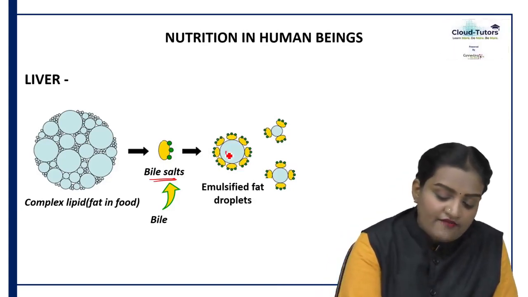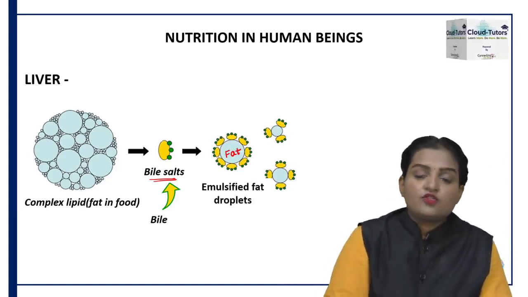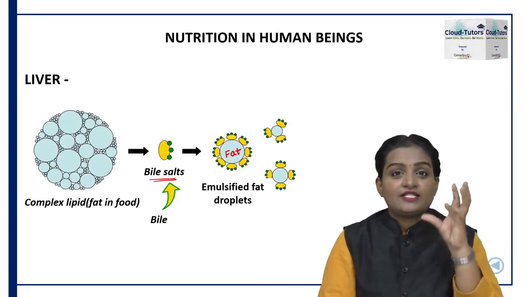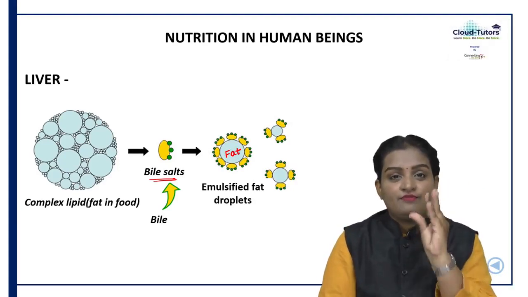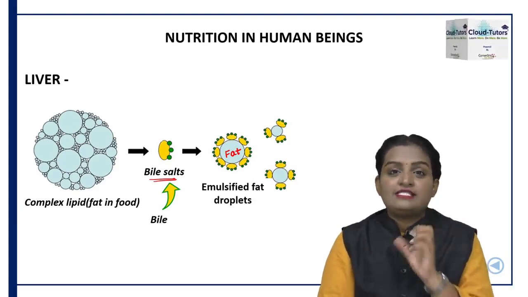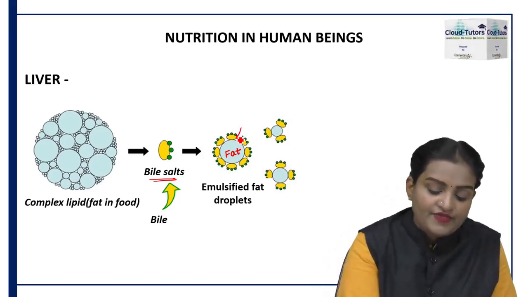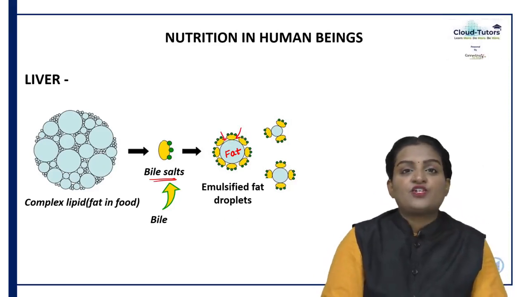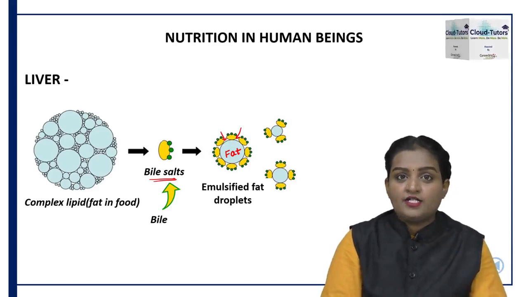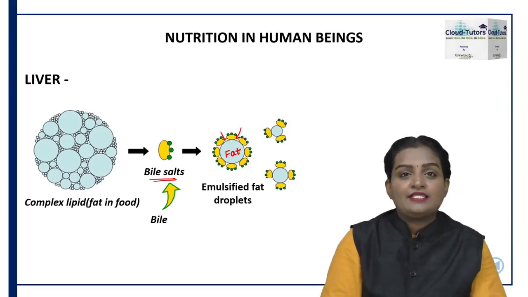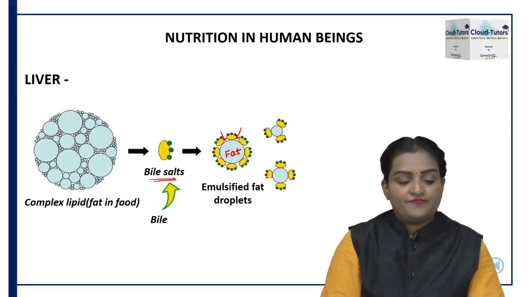So these are the fat molecules, so that the surface area of fat becomes less and the enzymes can easily act on these. So the bile's function is to emulsify fat droplets and make enzymes easily digest these fats.